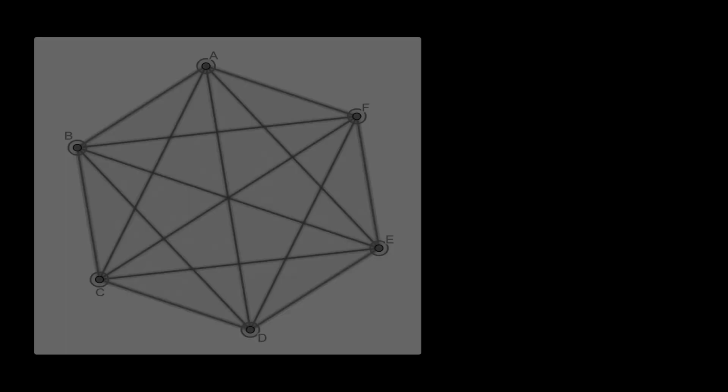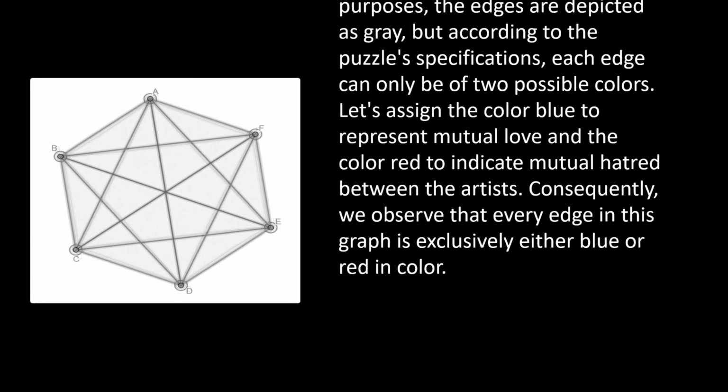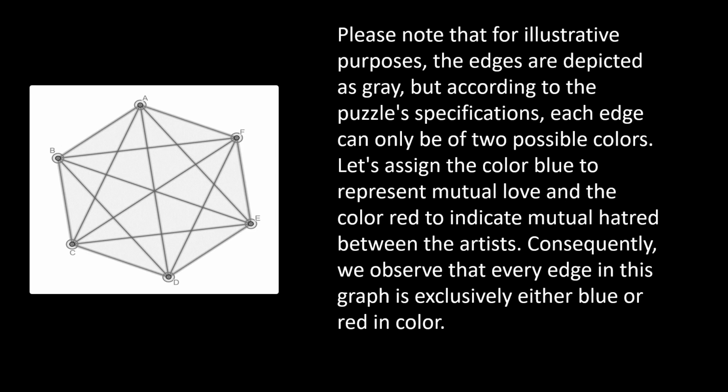By considering the 6 artists as points on the graph and representing the mutual love/hate relationship between any 2 artists as edges connecting these points, we obtain a graph that exhibits the following structure. Please note that for illustrative purposes, the edges are depicted as gray, but according to the puzzle specifications, each edge can only be of 2 possible colors.